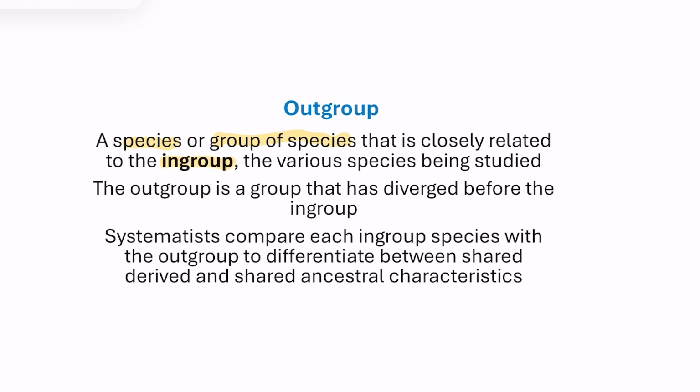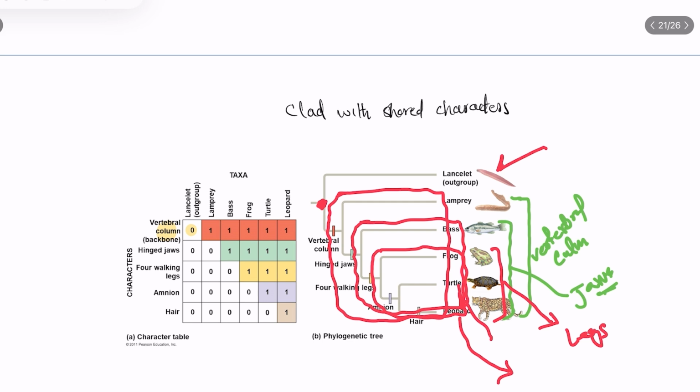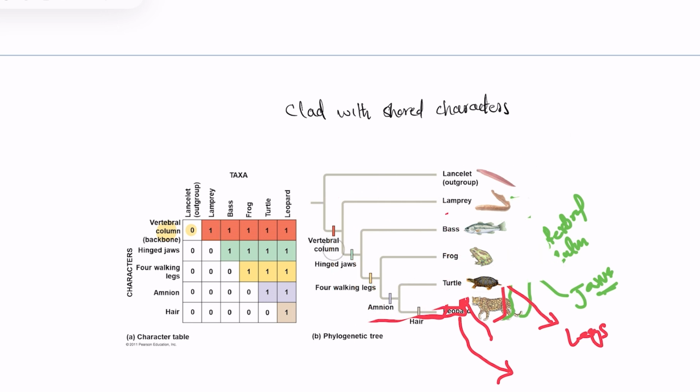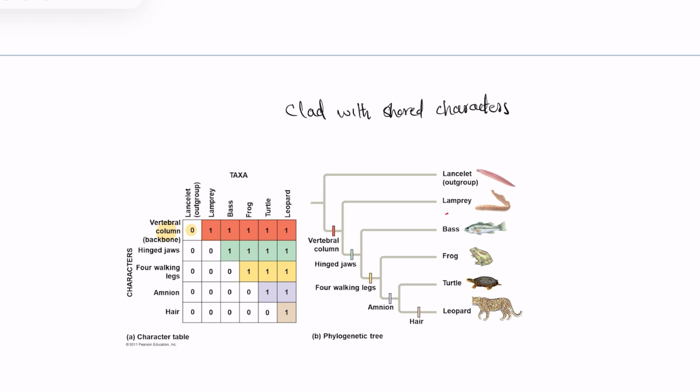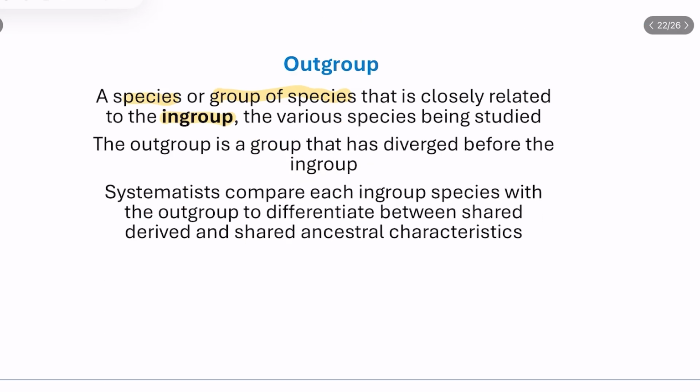Now, what is the ingroup? In a phylogenetic tree, for example in this one, you can see that this one is the outgroup, and all these are the ingroup, the various species being studied. So the outgroup will definitely be closely related to the ingroup.